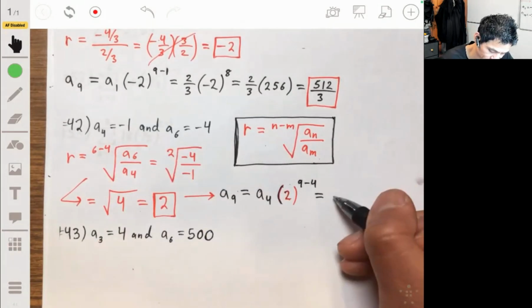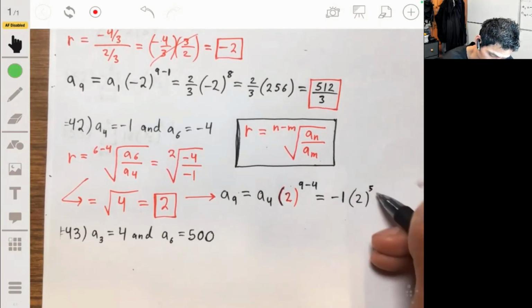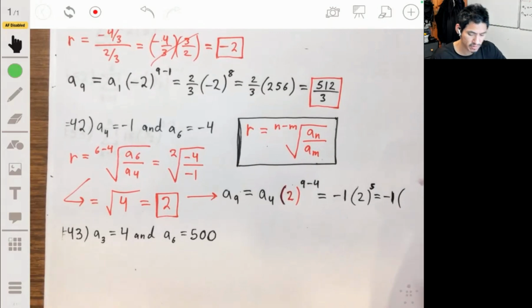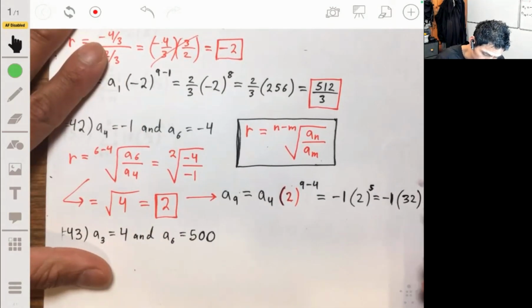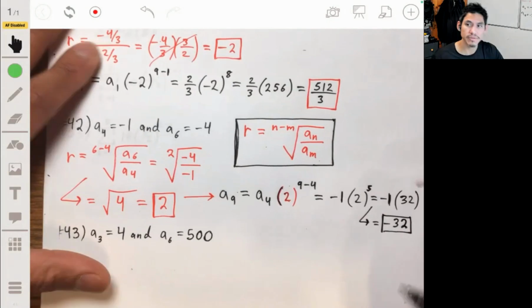A4 is -1 times 2 to the fifth power. This would be -1 times 2, 4, 8, 16, 32, which will just be equal to -32.